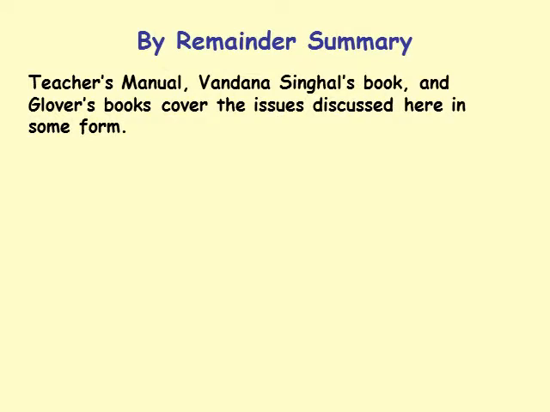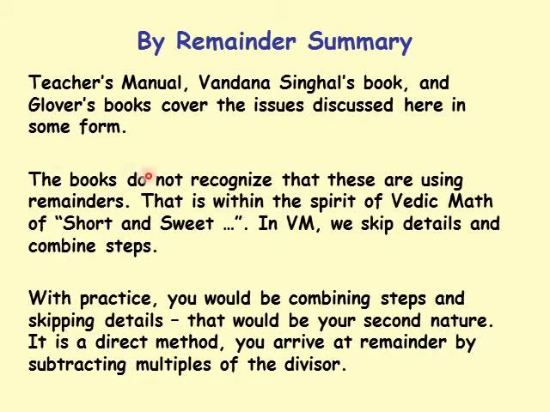Now a summary. We're going to summarize the by remainder method. In the teacher's manual, Vinay Singh's book and Glover's book cover the issues discussed here in some form or other. The books do not recognize that these are using remainders, and that is within the spirit of Vedic math, which is of short and sweet one-line mental solution.